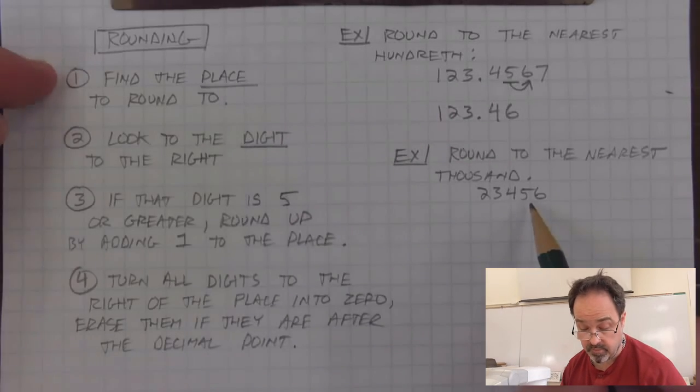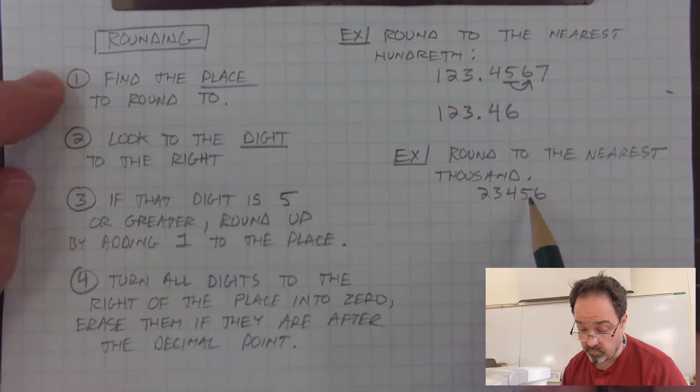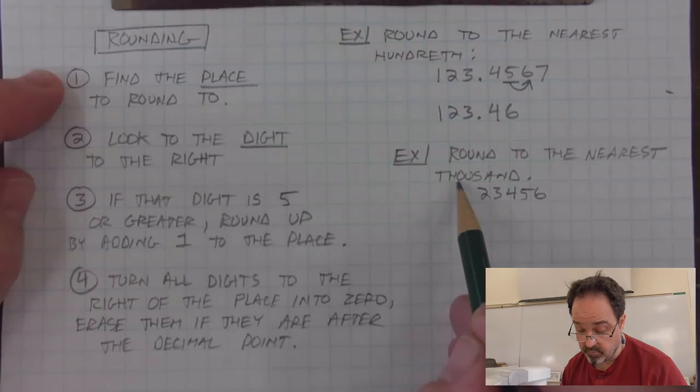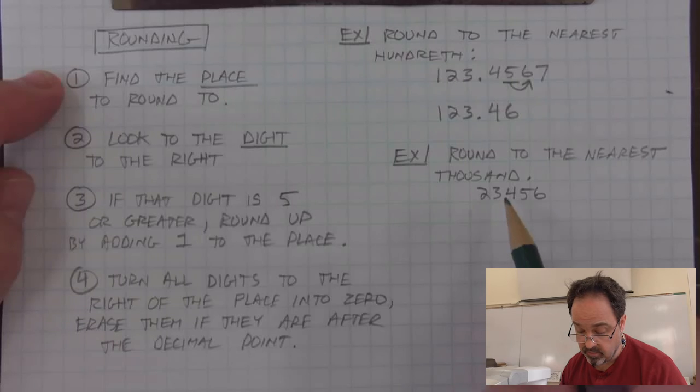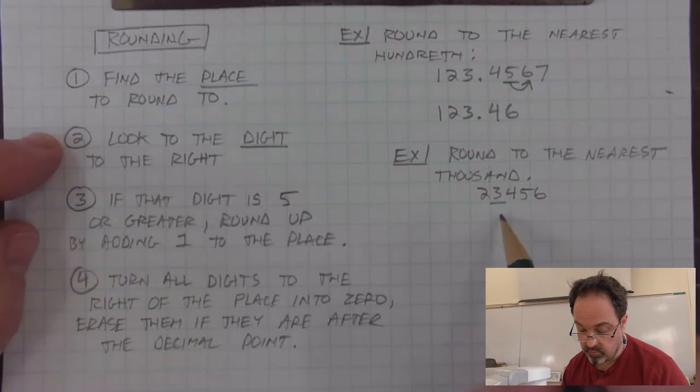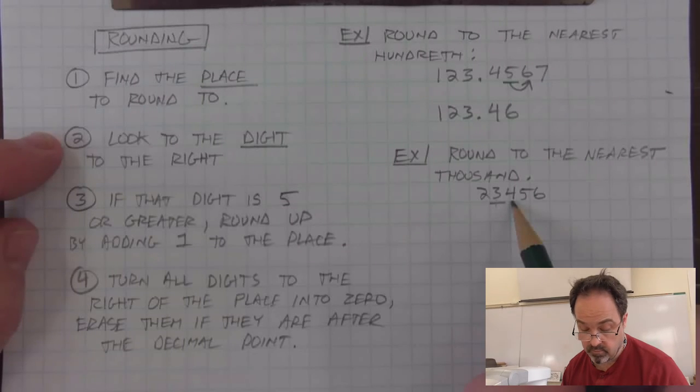We'll go through this process. First, find the place to round to. We're told the nearest 1,000 place. The 3 is in the 1,000 place. Then look to the digit to the right, which is a 4.